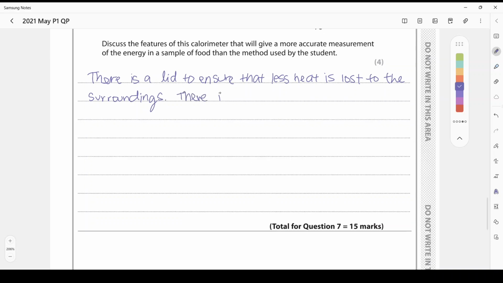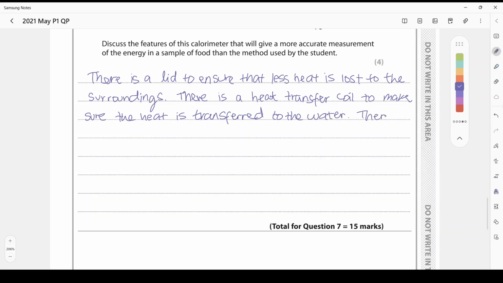So there is a heat transfer coil to make sure the heat is transferred to the water.